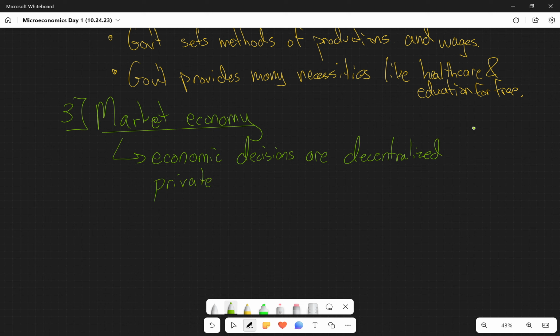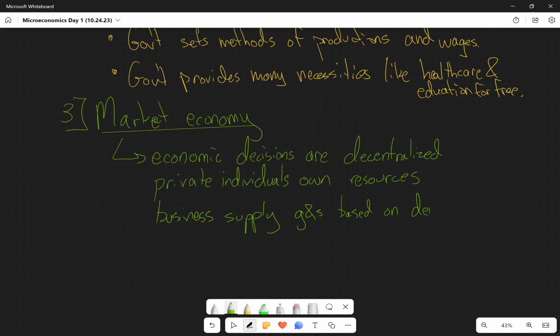Private individuals own resources, and businesses supply goods and services based on demand, not based on some government edict passed to you from on high.